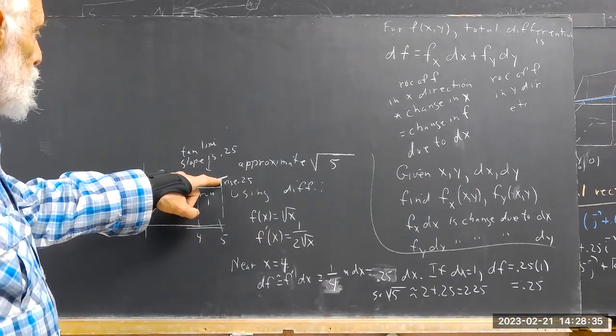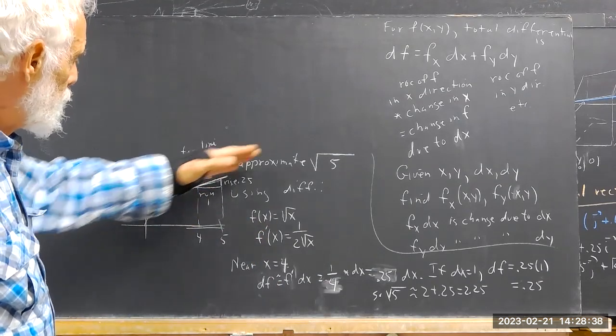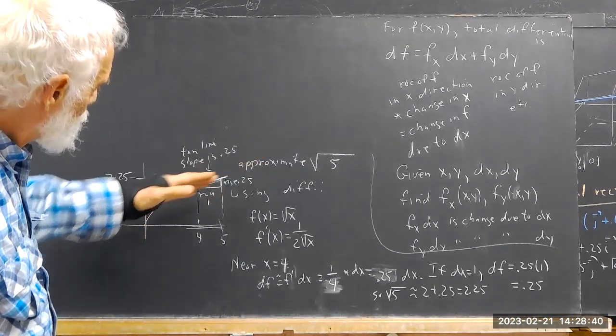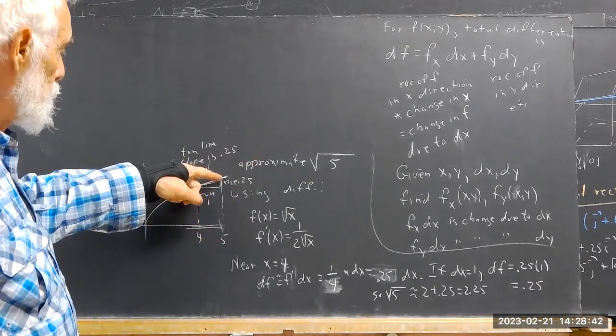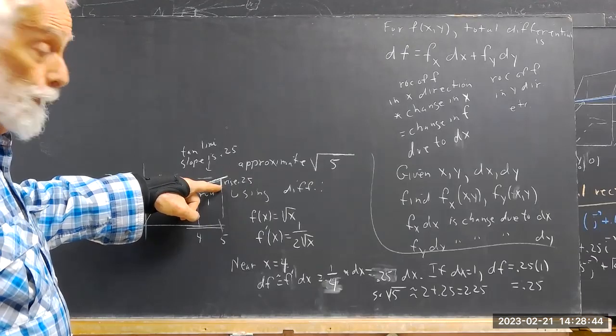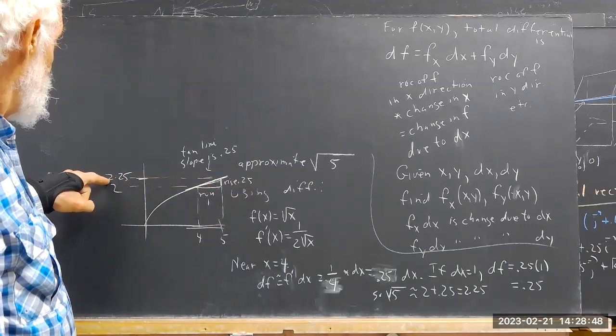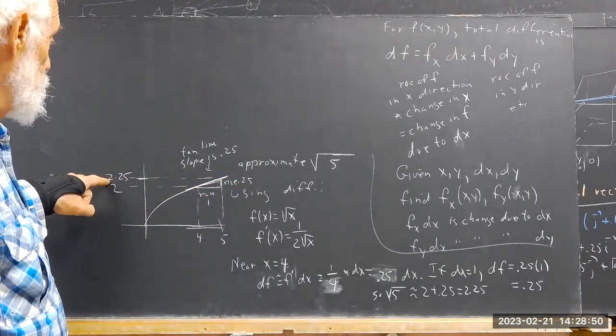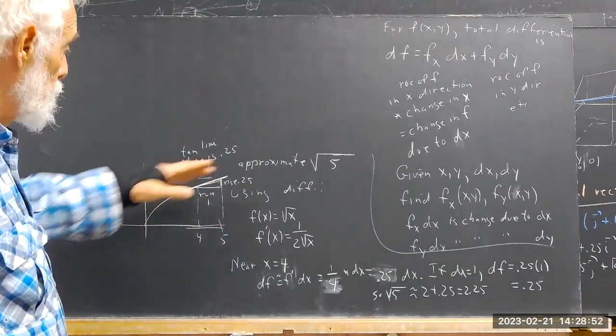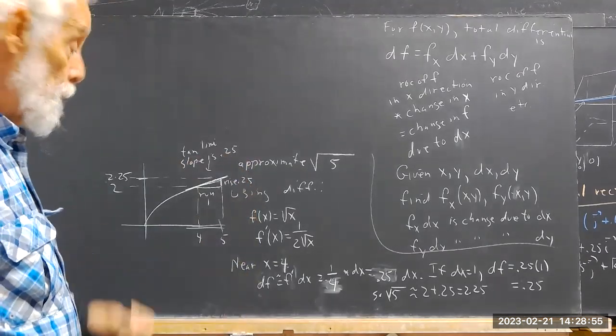So that's where this is going to be. The tangent line is straight. This thing's curving downwards. So the tangent line is a little above the actual function. The tangent line tells us that we ought to be at 2.25. The curvature tells us we're going to be a little bit below that.